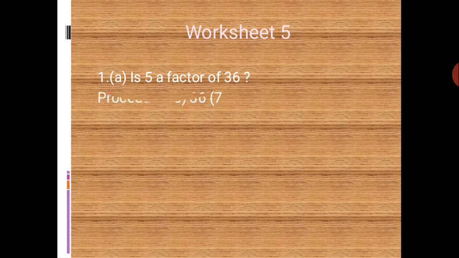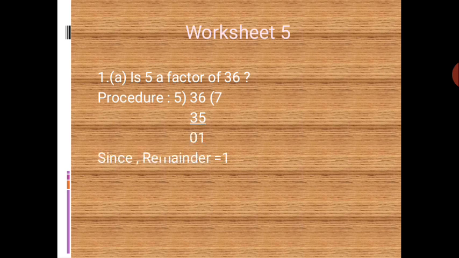Now come to worksheet number 5, question number 1a. We have to check whether 5 is a factor of 36 or not. So to find that, we have to divide 36 by 5, and you can see here the remainder is equal to 1.